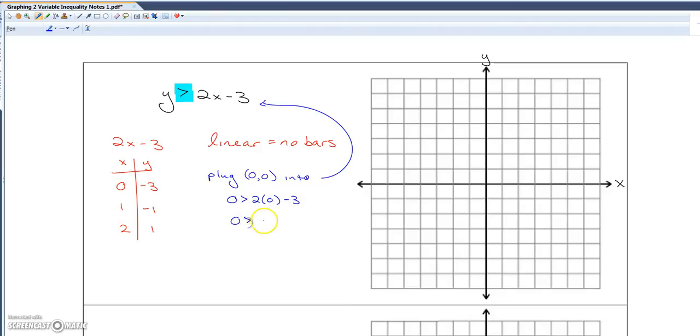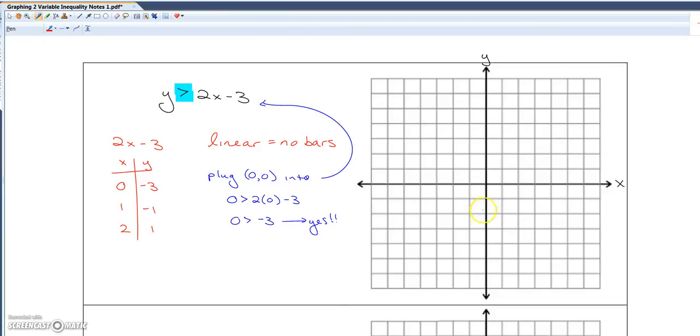Is it true that 0 is greater than negative 3? Your answer is yes. That's a big deal. The reason why that's a big deal is because now we can talk about graphing it, and we have a place to come back to and reference what are the real solutions for this.